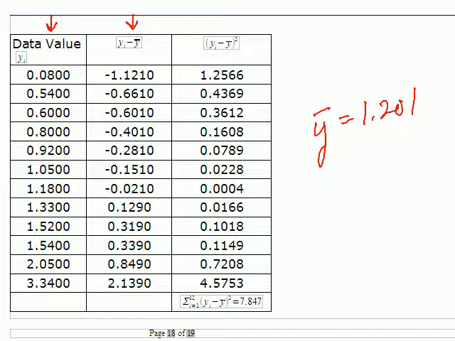So that first column was the value, 0.080 minus 1.201, and that's what I write here. Then I square it. That gives you a nice organization. You can find the errors, otherwise you really can't do this kind of work. It can't be done sloppily. Okay, I need to add up all those, so I add up this column and I get 7.847. That will go in the numerator of the equation for variance and standard deviation.